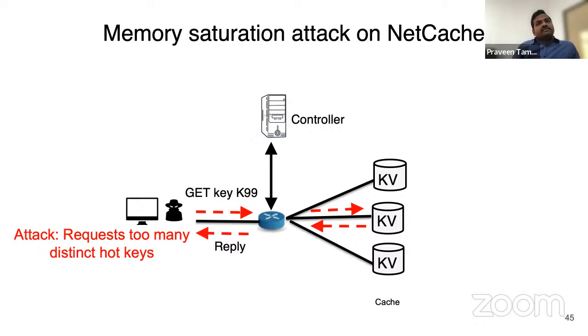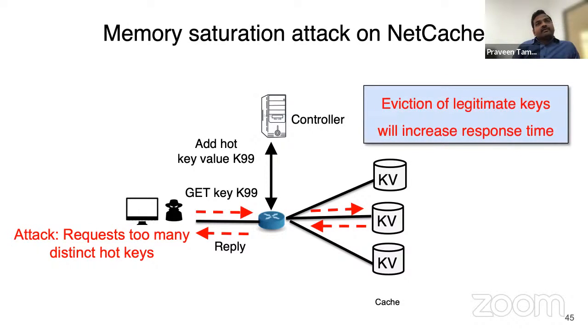In such a situation, the controller would install the keys associated with the adversaries, and if there are too many such requests, then resources like TCAM and SRAM that are supposed to store the key-value pairs for legitimate users would now be occupied by keys generated by the key requests from the adversaries. That could eventually lead to an increase in the response time.